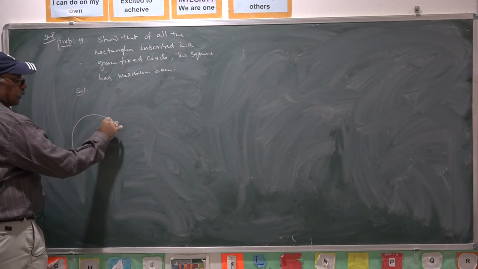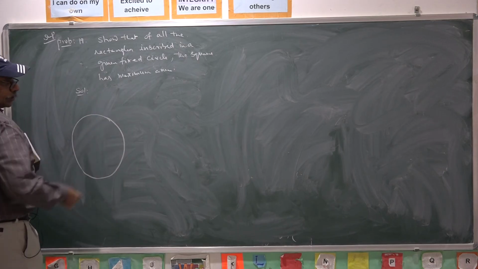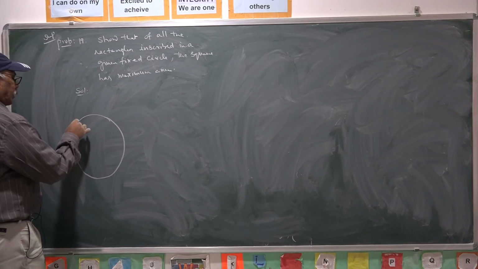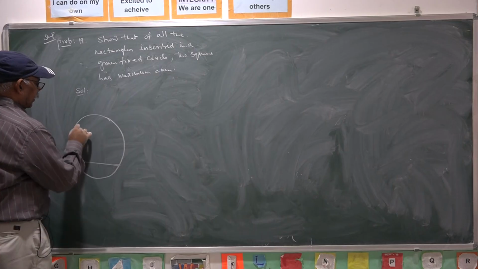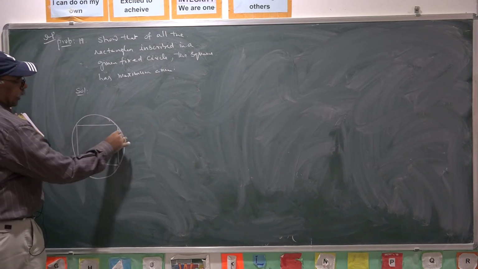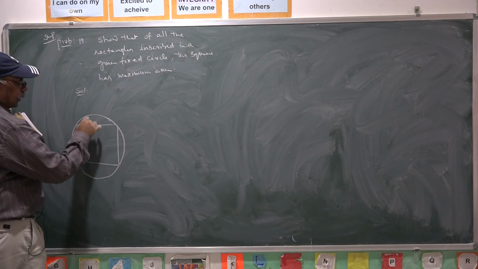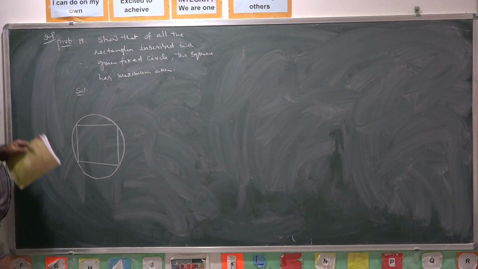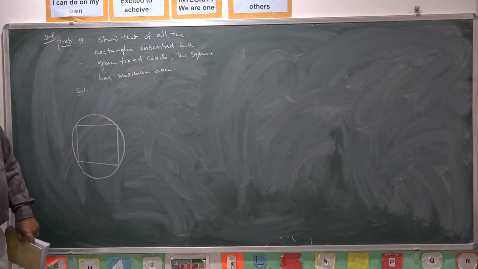Suppose this is our fixed circle. Fixed circle means the radius is fixed. No change in the radius. Once you construct a rectangle, different rectangles may be constructed like this, like this, like this. Different rectangles may be constructed in this fixed circle.